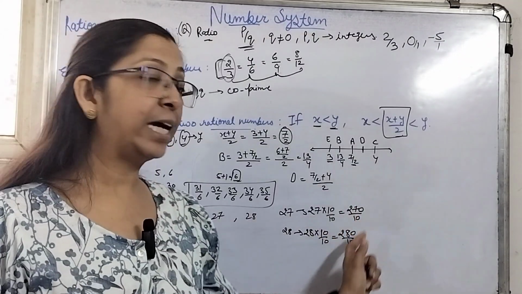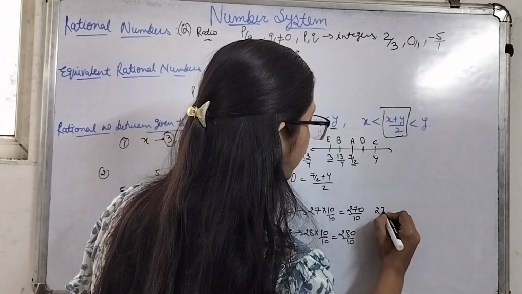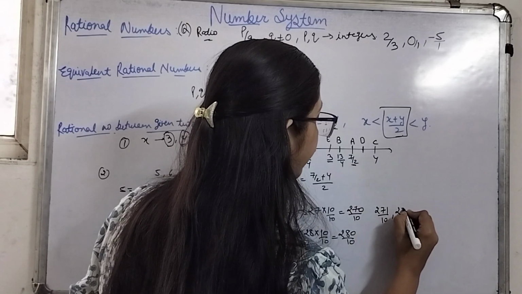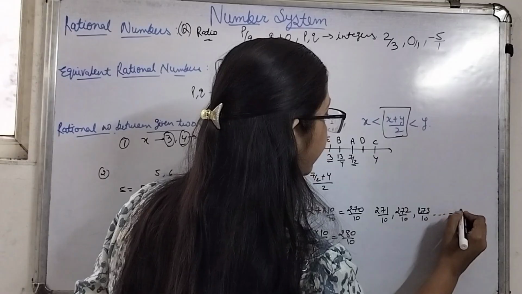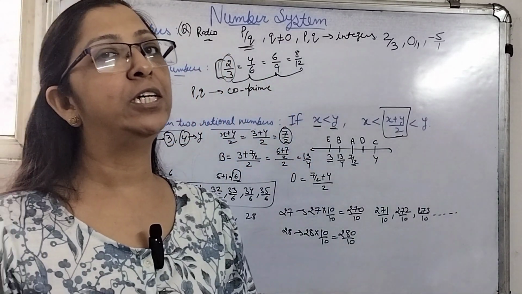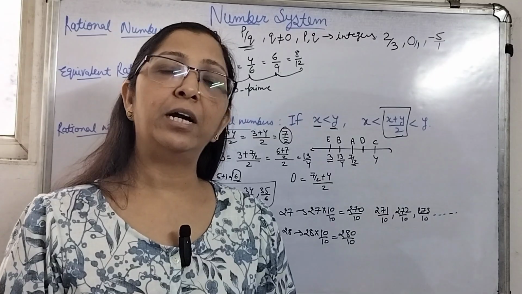Now we can find 9 rational numbers between these two given numbers, and the numbers will be 271 over 10, 272 over 10, 273 over 10. Similarly, we can find many more numbers between these two given numbers. Instead of multiplying by 10, we could have multiplied by 100 also.